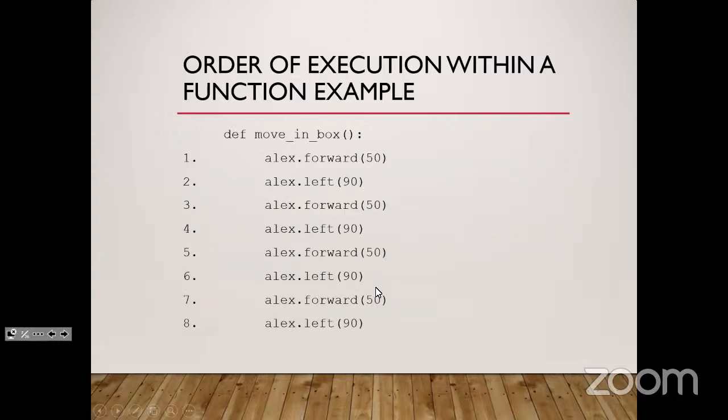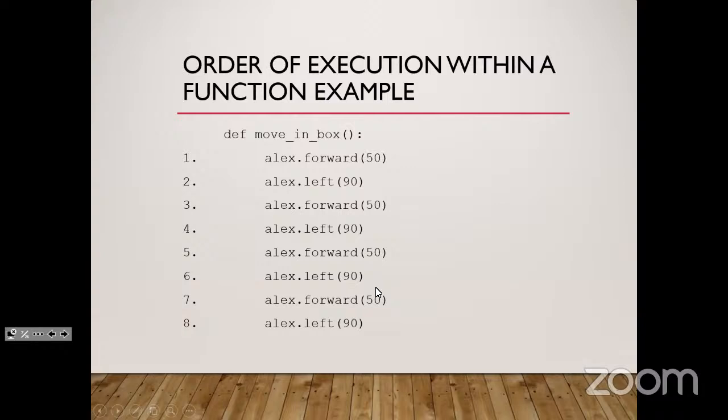So this is a very simple function called move in box. So we're going with the turtle move in a box shape, right? There's 8 lines of code associated with this function. It's just like your for loops. The lines of code that belong to the function are indented, right?